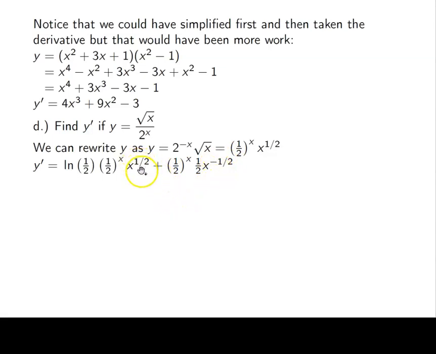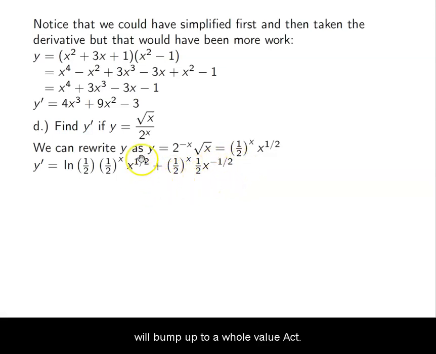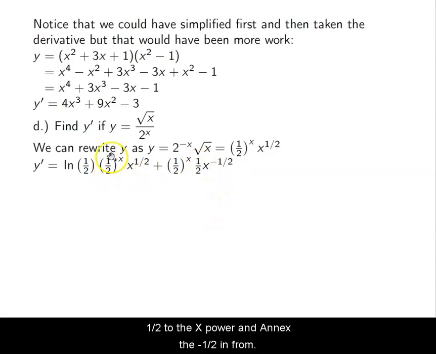So I'll have a 1/2 minus a minus 1/2, which will make a whole. So this will bump up to a whole value of x, and I will have a 1/2 to the x power and an x to the negative 1/2 in front. What'll be left over inside of parentheses is natural log 1/2 times just an x plus 1/2.